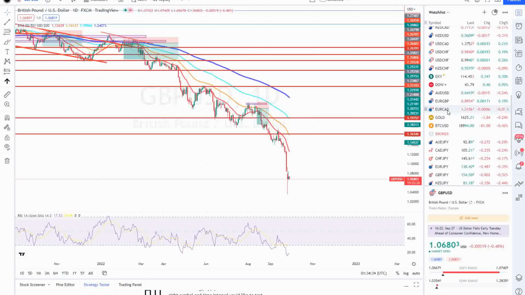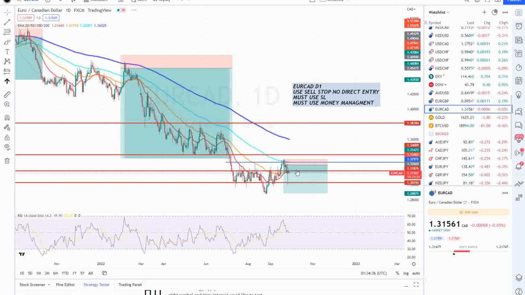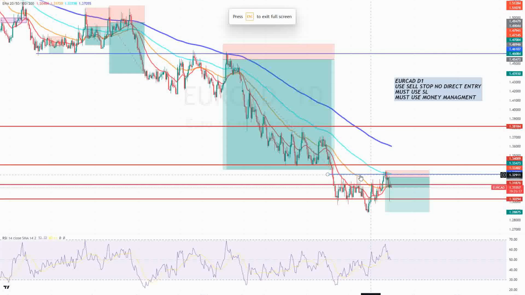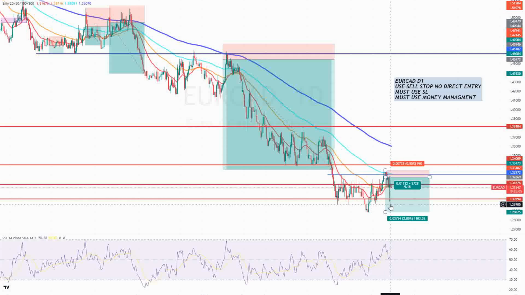One position I also opened recently with EURUSD, and it's also going in very good profit. As you can see, it has a very tight stop loss, but I entered at a good level. I used this as a support area, as a resistance area, and just put the stop loss above that candle. It's going in profit. Hopefully it will touch our take profit soon.